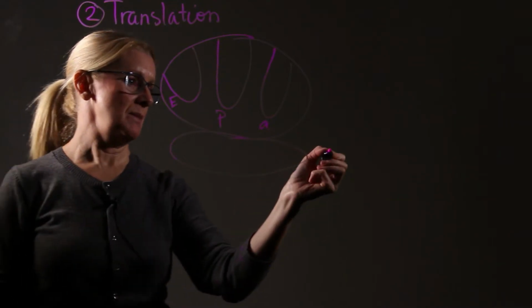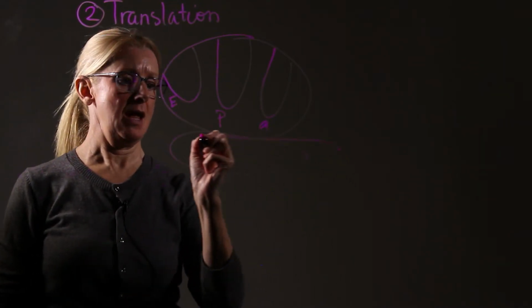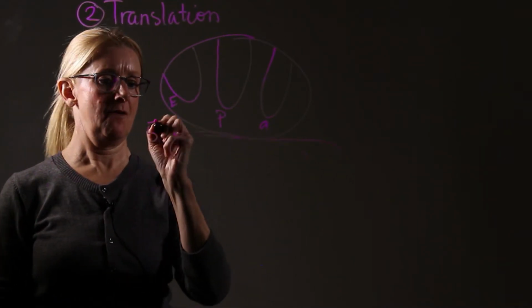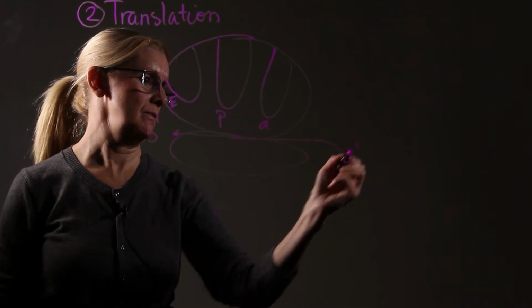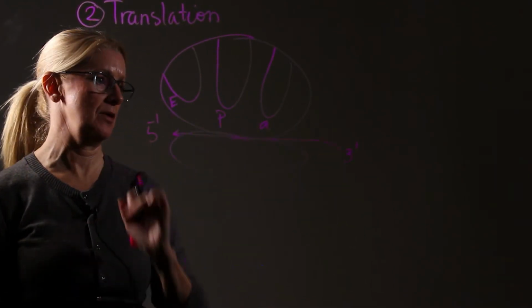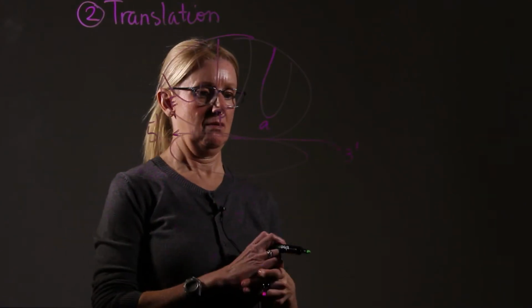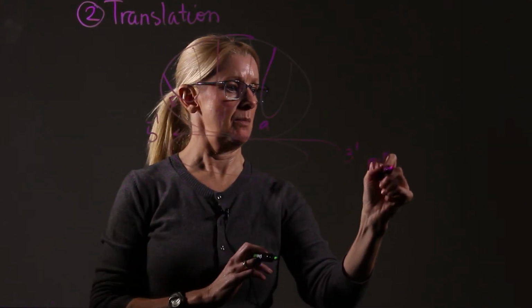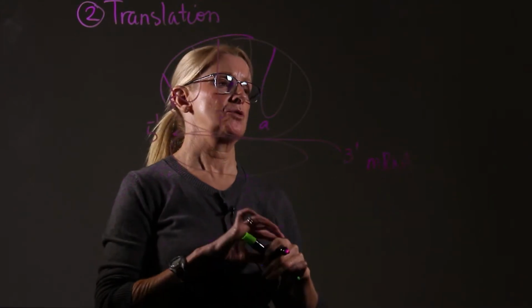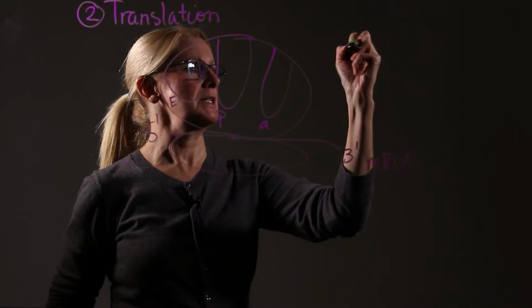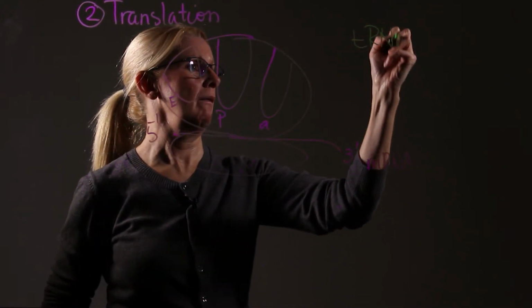And remember, we talked about the fact that our mRNA is going to run through this in the 5' to 3' direction, so it's going to come through here towards the left. And we have that other RNA that plays a role, which would be our tRNA.